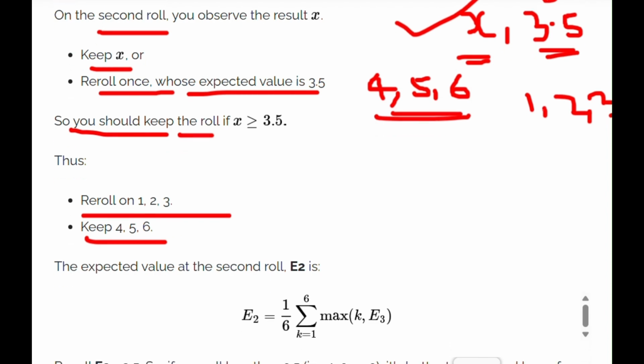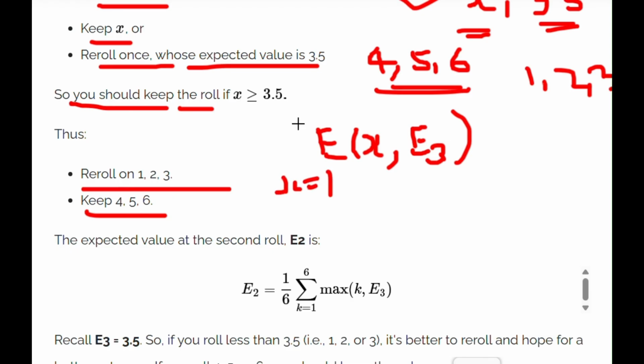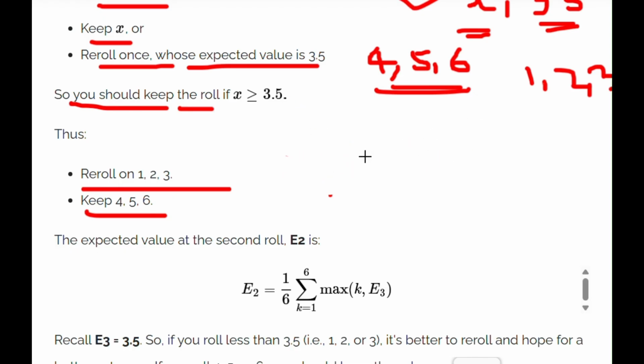Now, what's the expected value then of the second roll? What we are doing is taking the maximum of our roll, let's say it's X, and E3, for X between 1 to 6, which is all possible rolls. Sorry, this should be max. I meant to write max. Let me just clear this up. So max of, I'll use the same notation used here to avoid any confusion, K and E3.